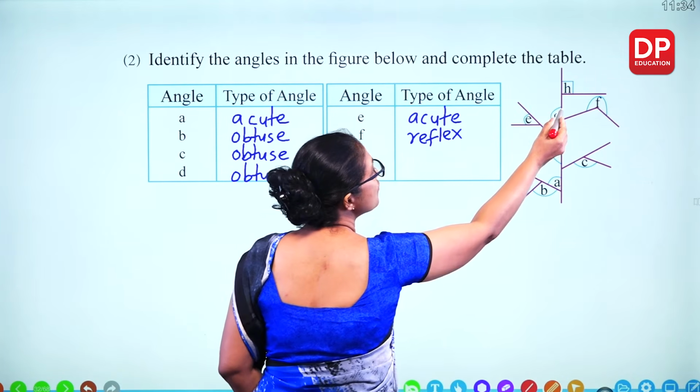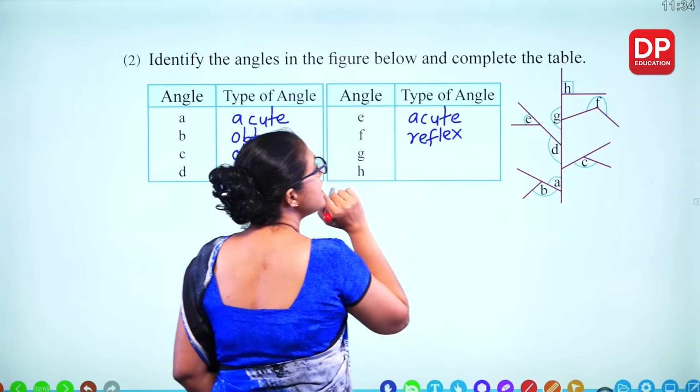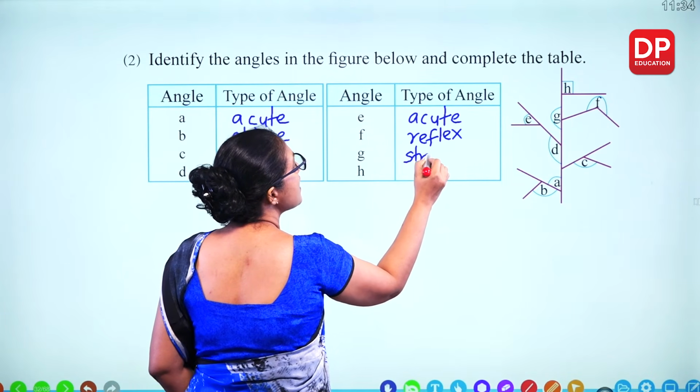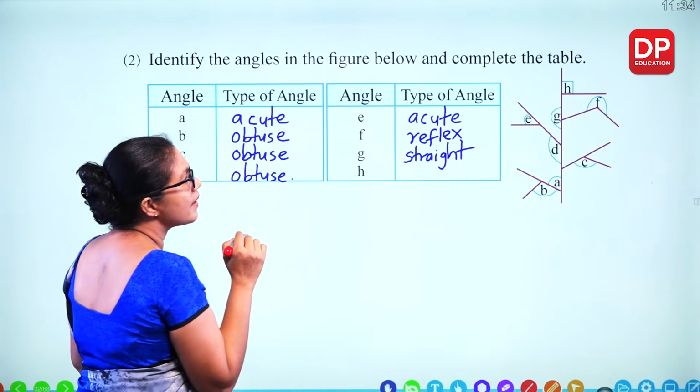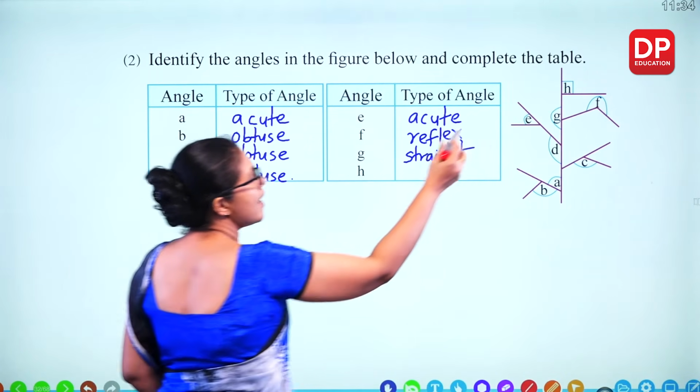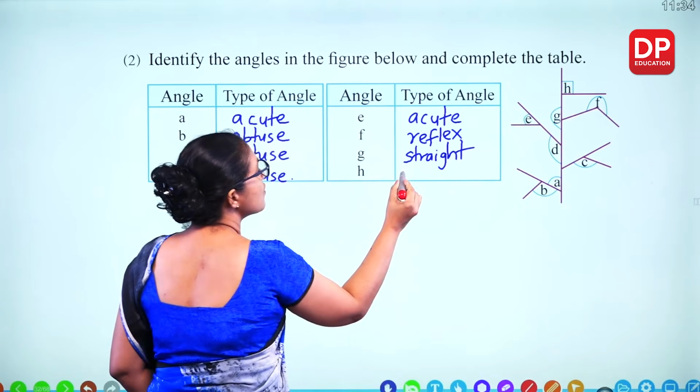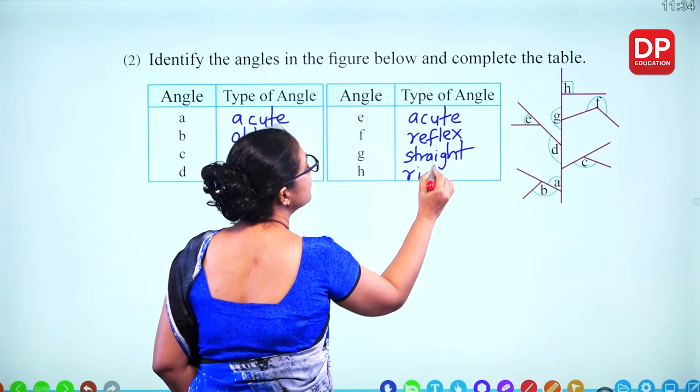G, exactly 180 degrees. So that's a straight angle. H is 90 degrees here. So that's a right angle.